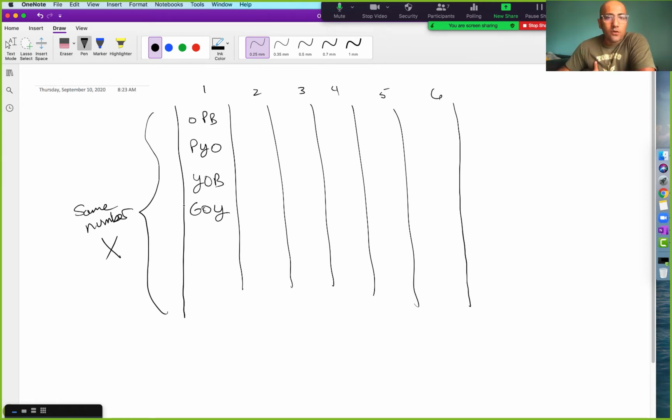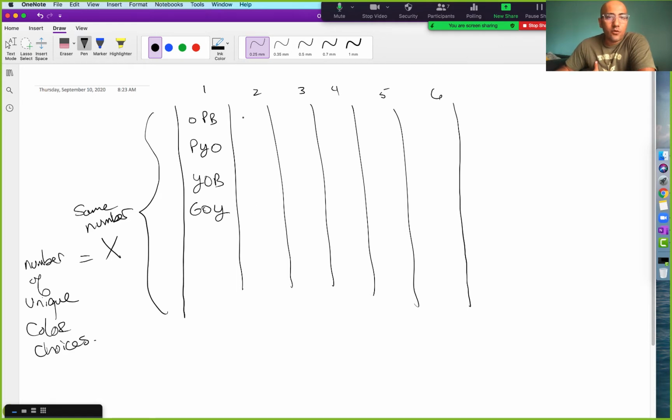I want to know how many unique color choices there are, and that's X. X represents the number of unique color choices. Whereas this is once you've made a choice of your colors, how many ways are there to move them around?